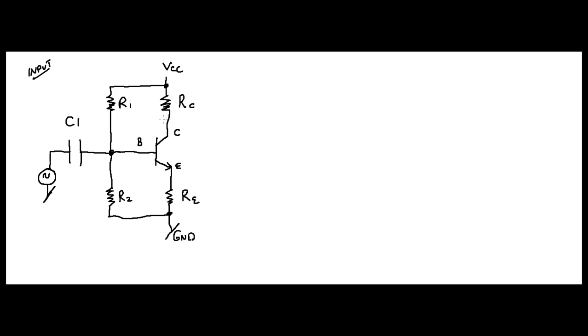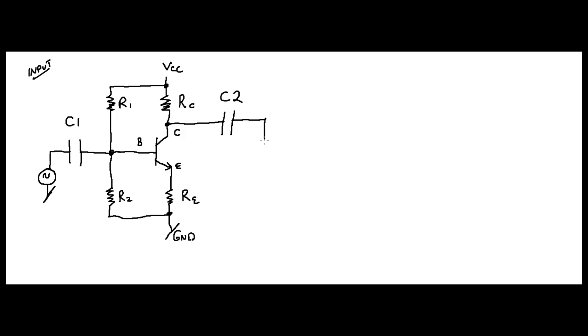Let's look at your output, shall we? In this case, we're going to tap off the collector. Here's the capacitor. This is a coupling capacitor on your output. We're going to call this C2.